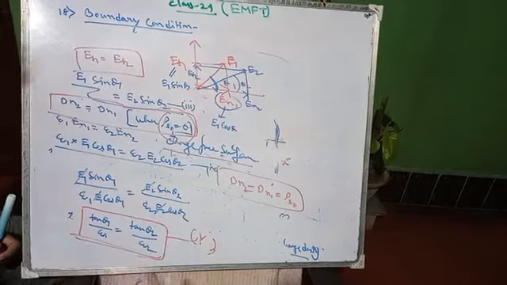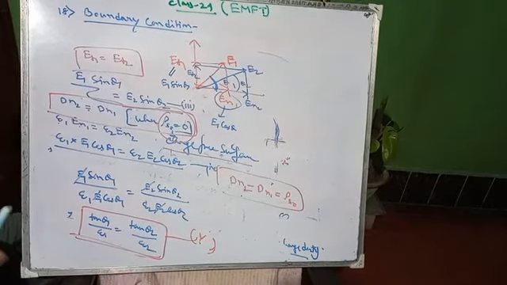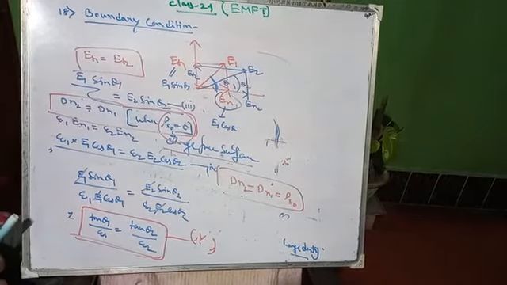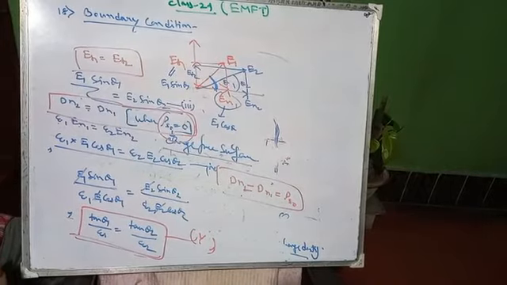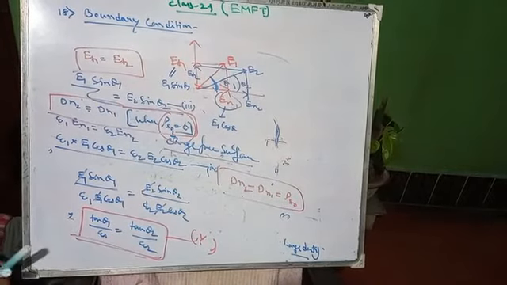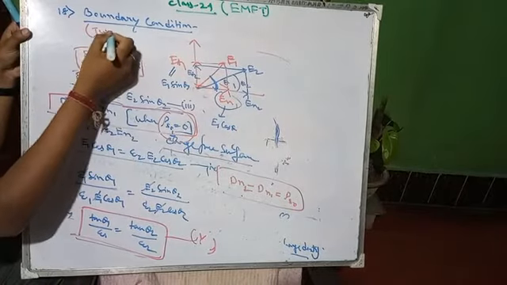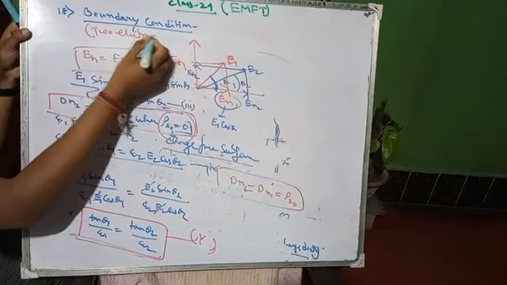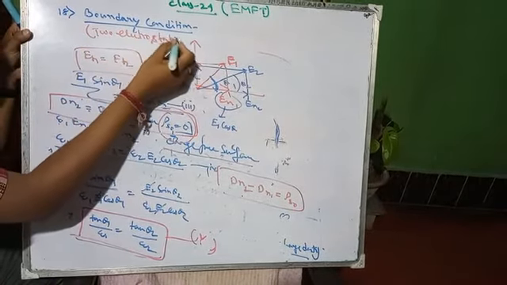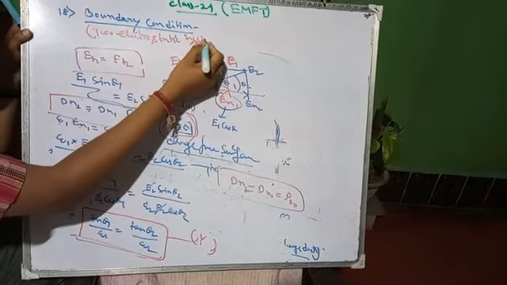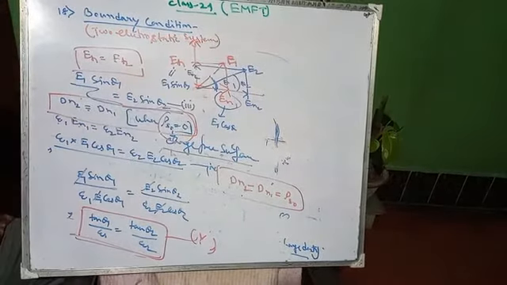So equations 1, 2 and 5 are the three boundary conditions for any two electrostatic systems. Always remember, this is the boundary condition for two electrostatic systems.